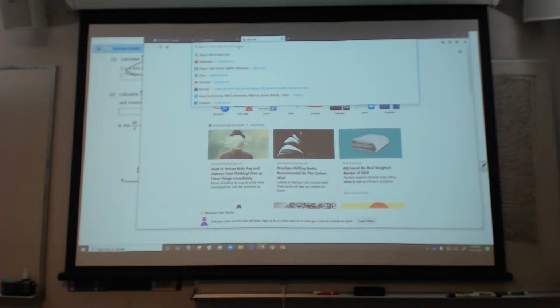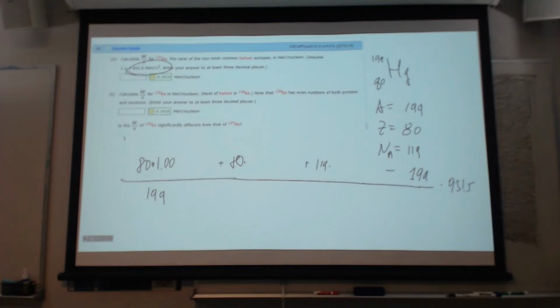Okay, so I want to use those. 1.007276 for a proton, right? For a neutron, 1.008664. Those are electrons here. Neutrons are 1.008664.